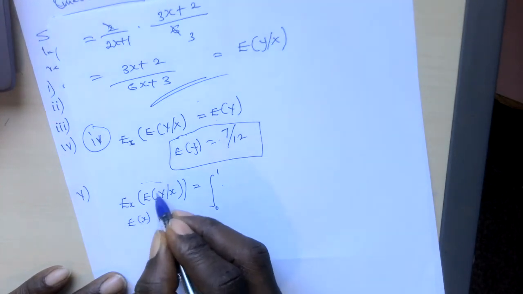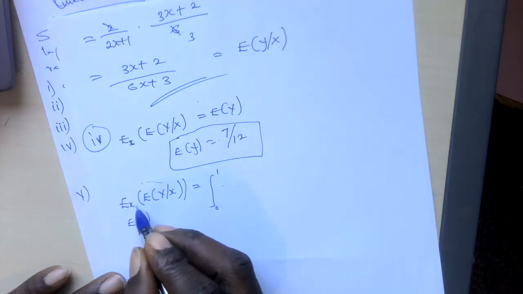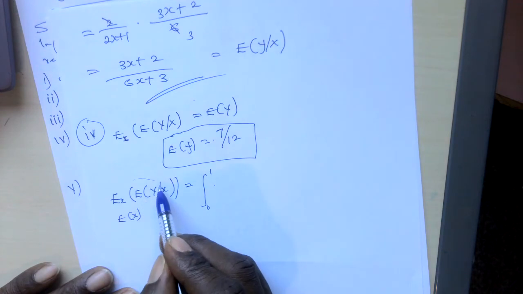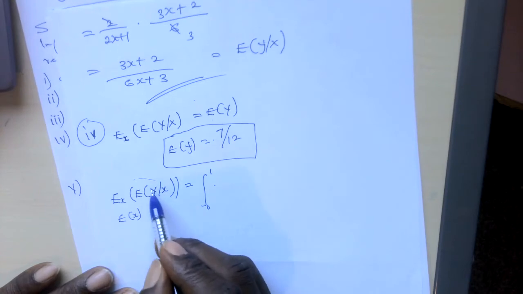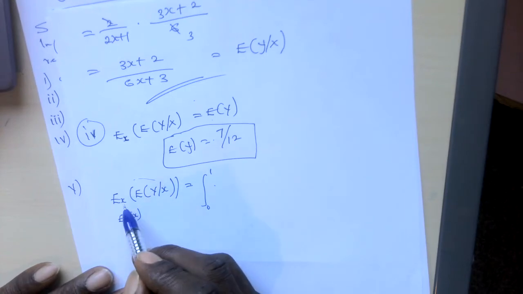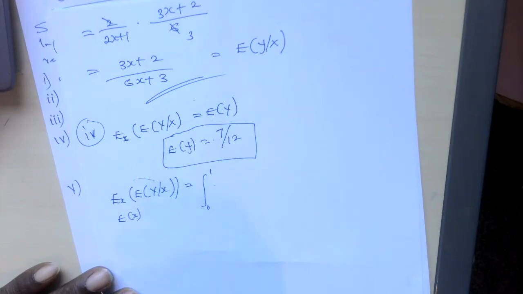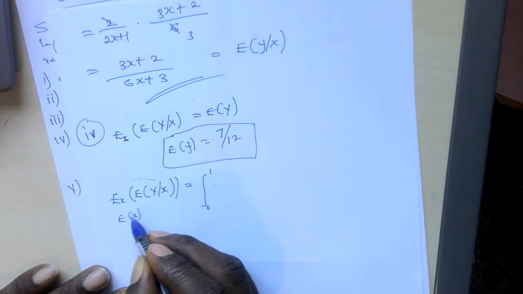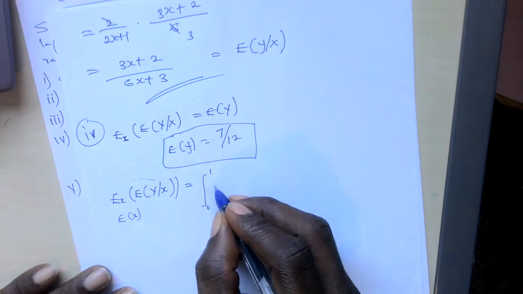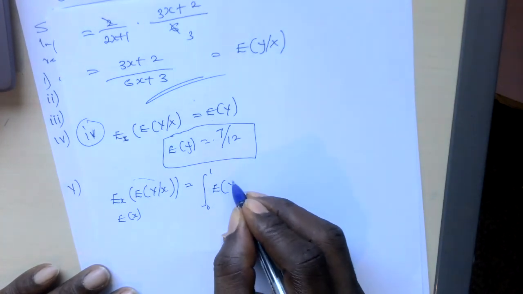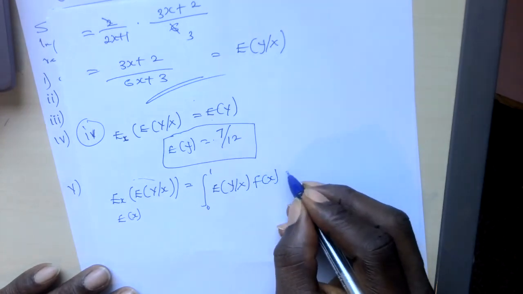So everything here becomes x times f of x. Now you are dealing with the whole of this times the PDF of x. So here now we have E of y given x, f of x dx.